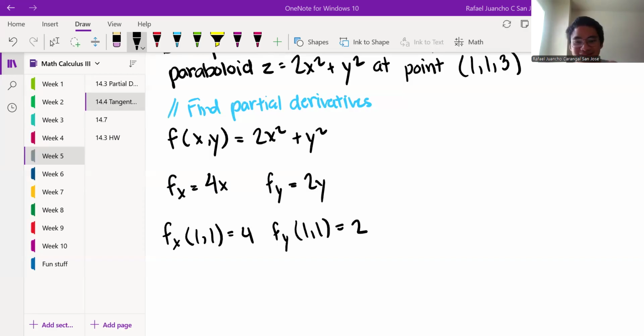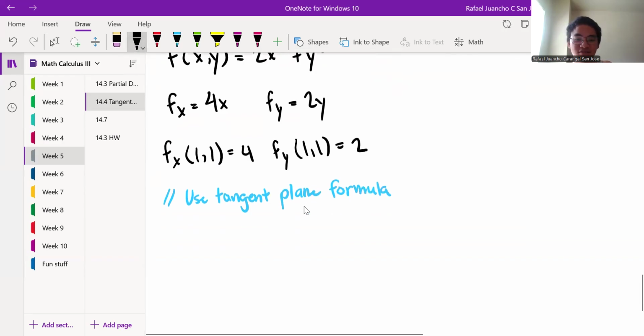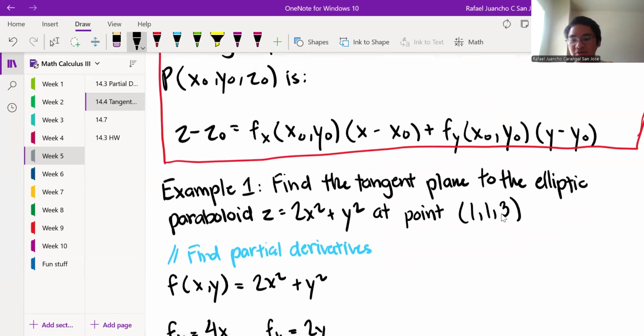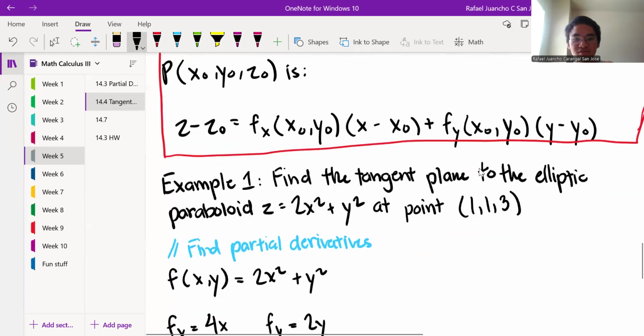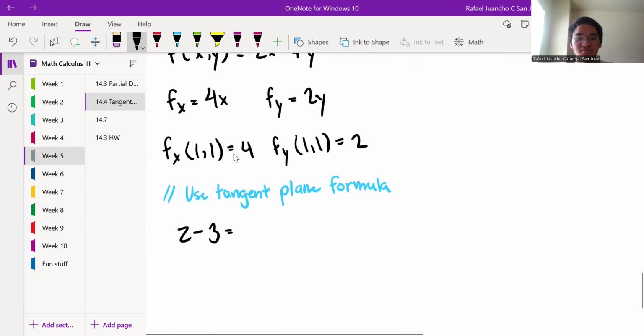We're actually done. So we just have to fill in or use our formula. Let's just use the tangent plane formula, right? We have our z minus z naught. Z naught is 3. F sub x of x naught, y naught, that's 4.